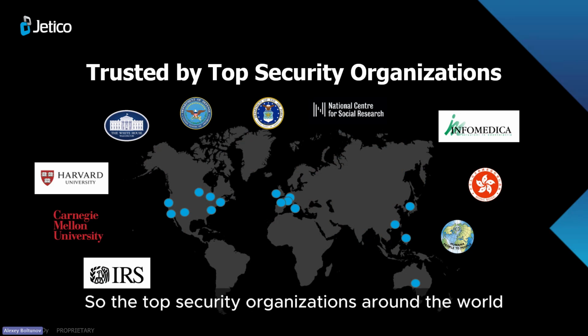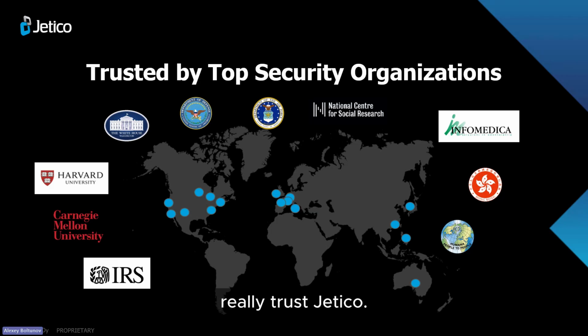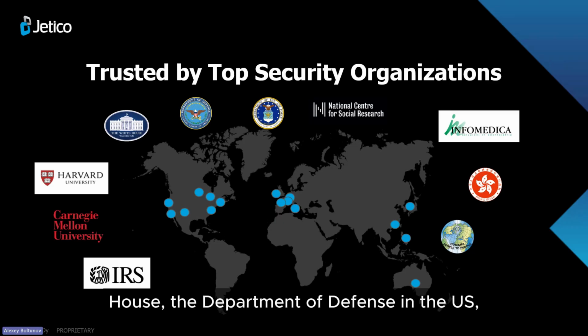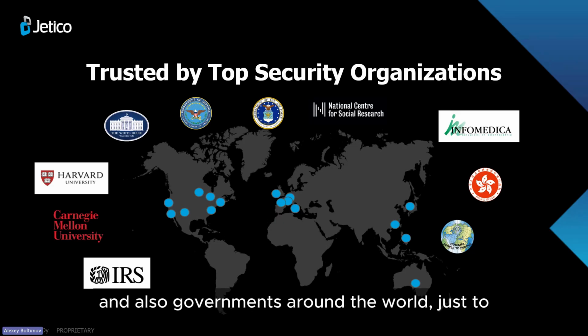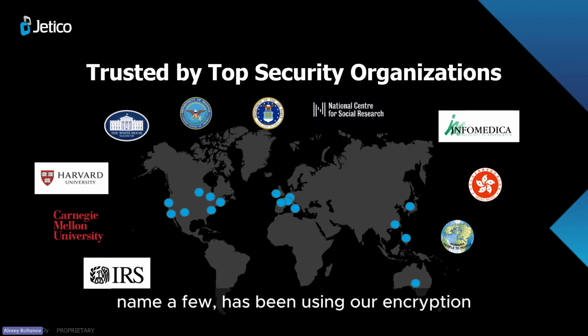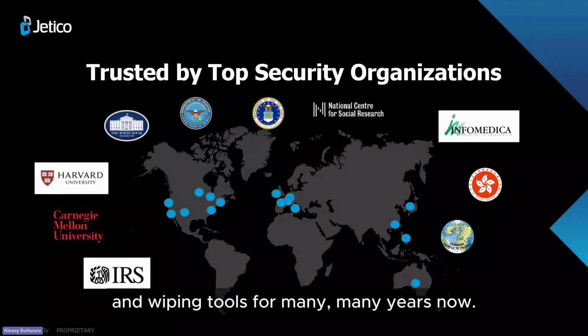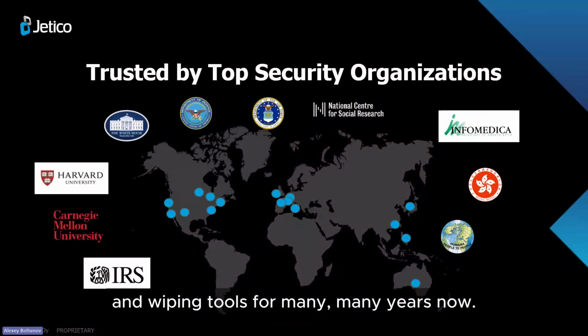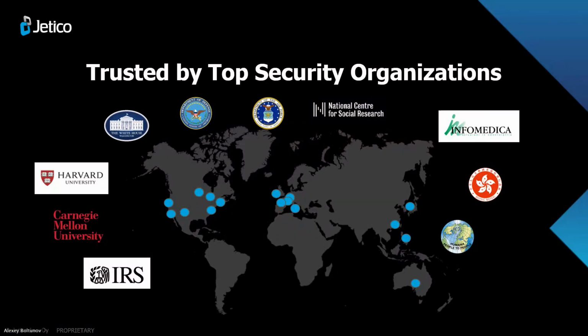Top security organizations around the world really trust Jetico, such as the White House, the Department of Defense in the US, and also governments around the world, just to name a few, who have been using our encryption and wiping tools for many, many years now.